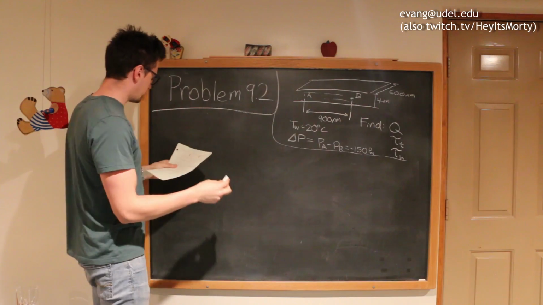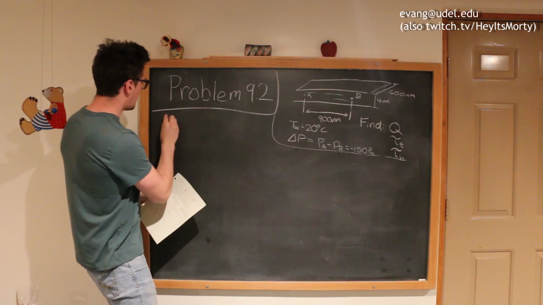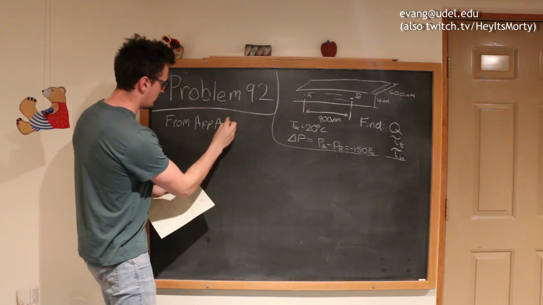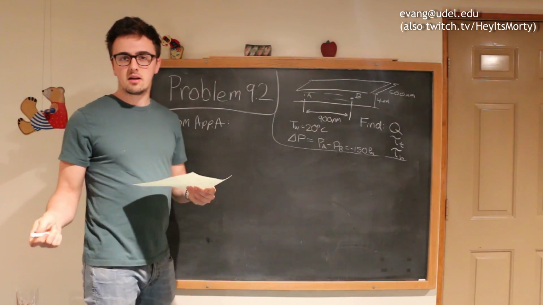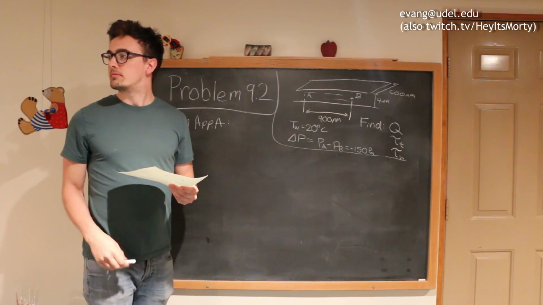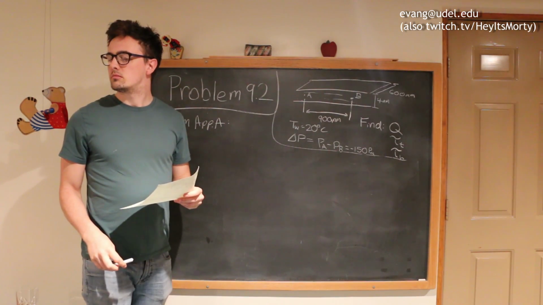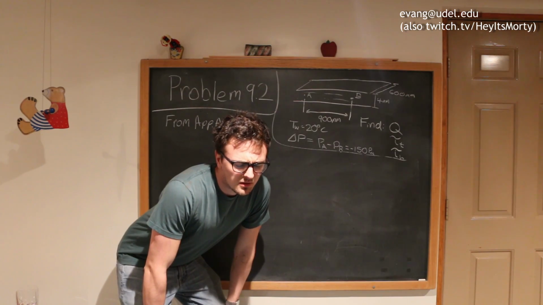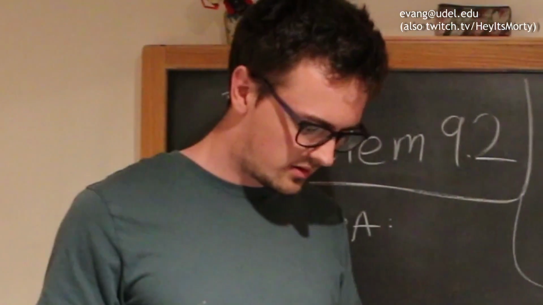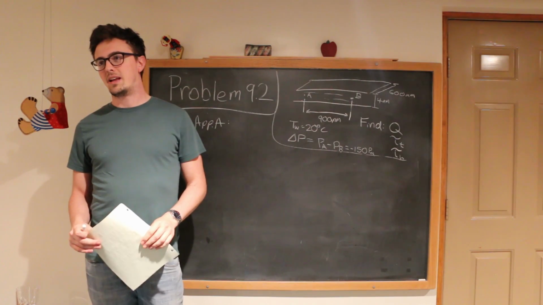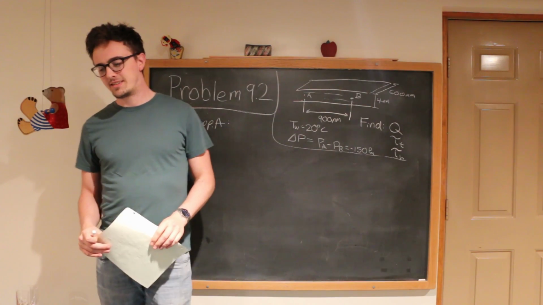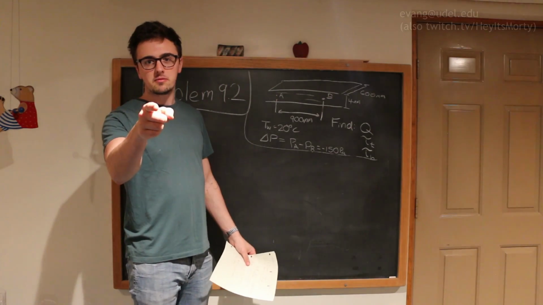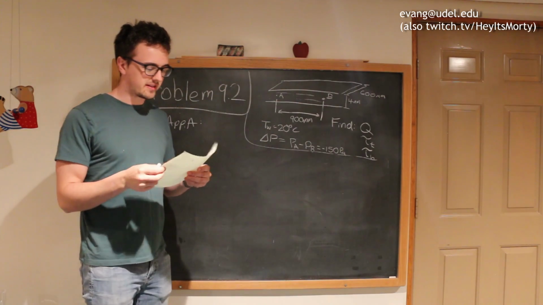Starting with flow rate, from Appendix A we can look at the properties of water at 20 degrees Celsius.